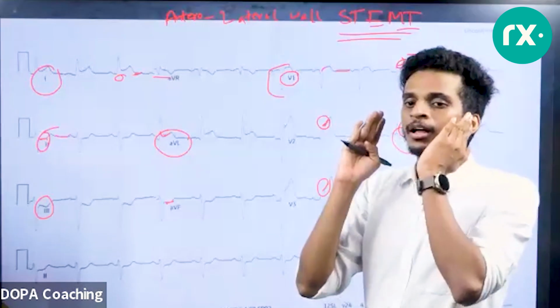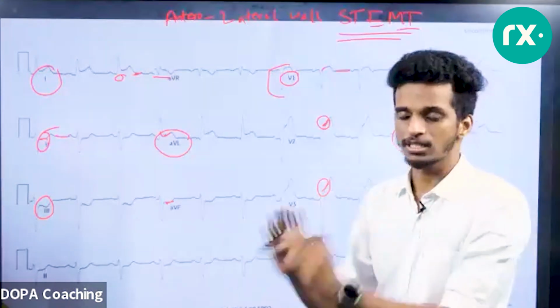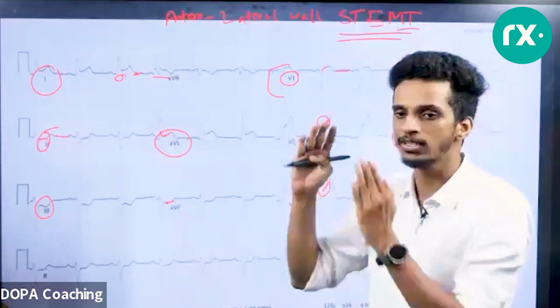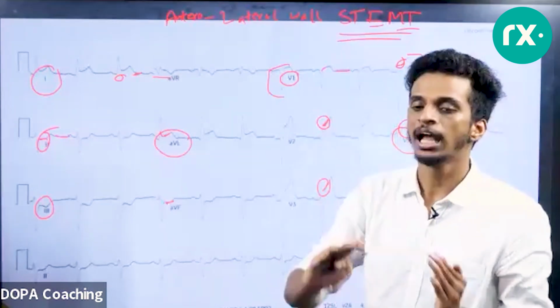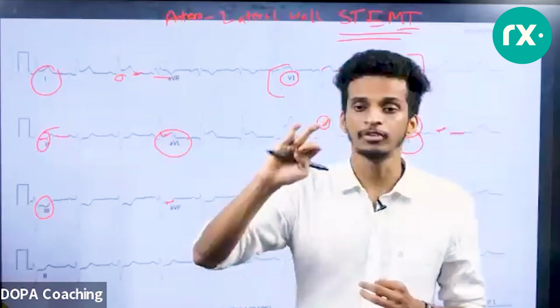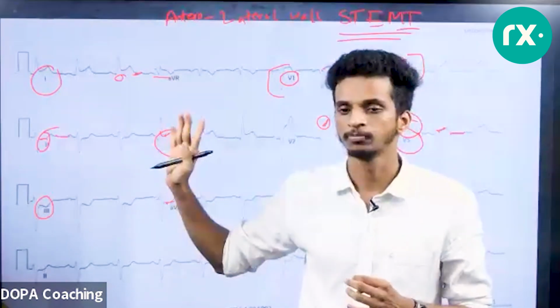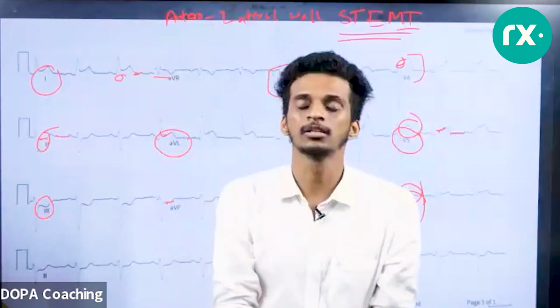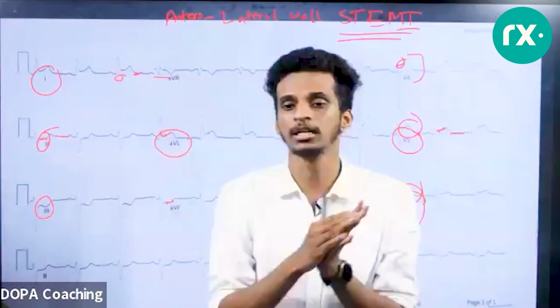About reciprocal changes, I'm not discussing much because it's not an ECG pro class here. What we are discussing is the basics of ECG, and considering it as the basics, I think I have covered every single point which an intern requires, because we have completed the two most important emergencies that an intern is going to address when sitting in casualty.